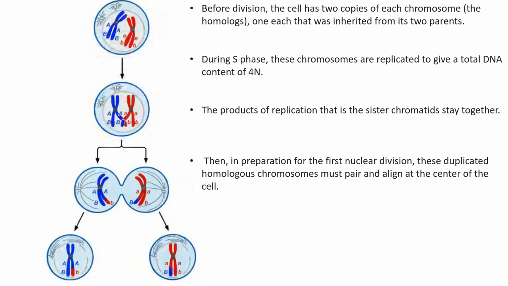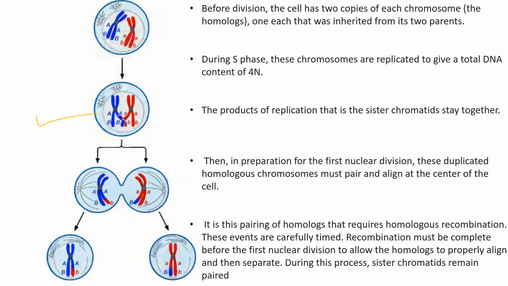Then, in the preparation for the first nuclear division, these duplicated homologous chromosomes must pair and align at the center of the cell, which you can see in this step. How are they pairing and aligning? It is this pairing of homologs that requires homologous recombination. And these events are carefully timed.